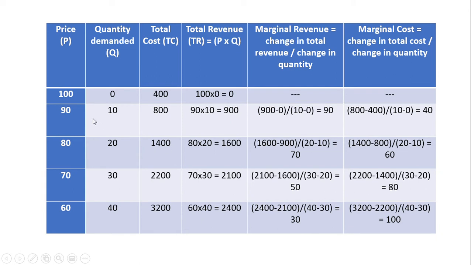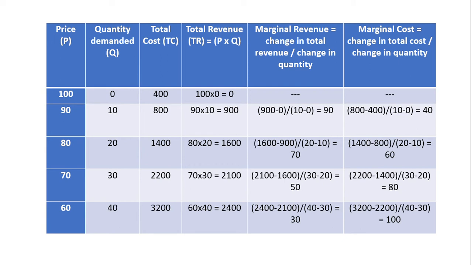If we went from 10 to 20, it would go from 800 to 1400 total cost. So the change there is 1400 minus 800 divided by 20 minus 10 equals 60. Then when we go to the next one, 2200 minus 1400 divided by 30 minus 20 gives us 80, etc. Now, the way we find profit maximization, just like in perfect competition, is where marginal revenue equals marginal cost.